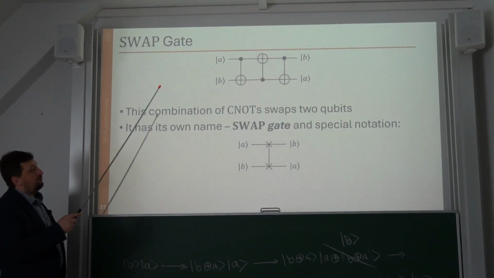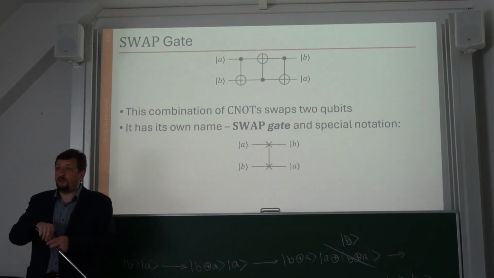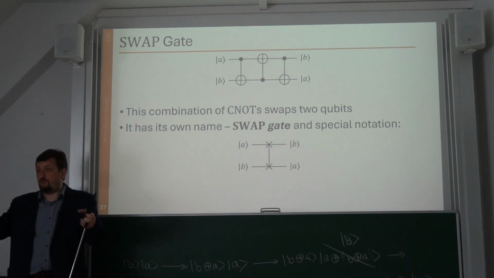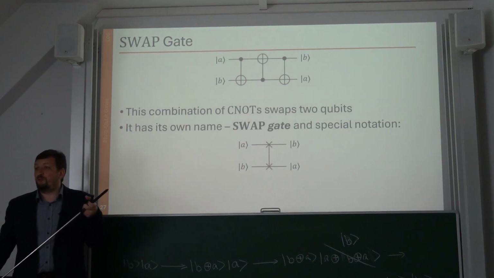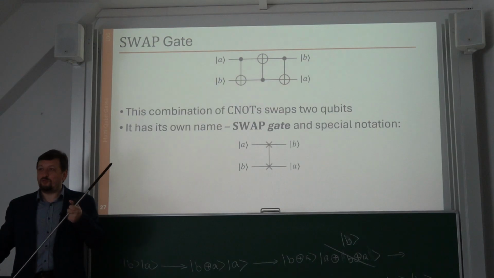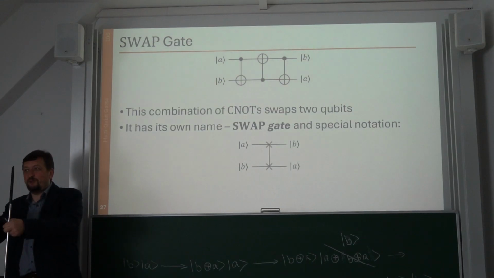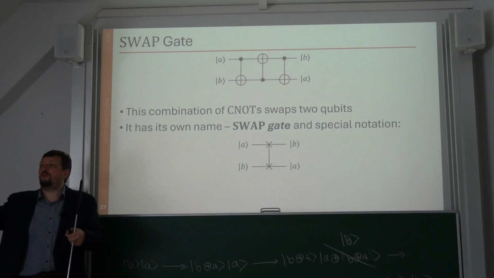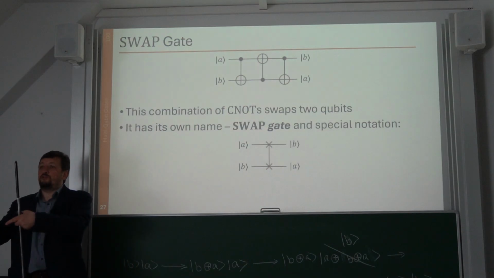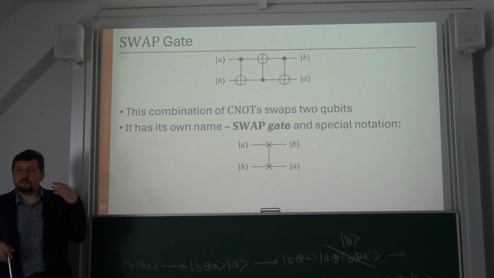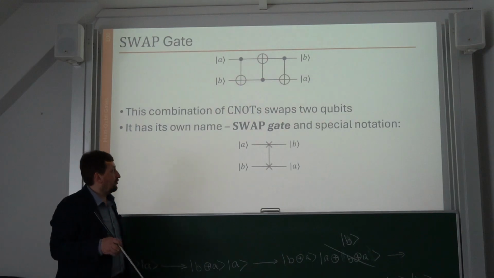Of course, such a possibility of switching qubits is useful, especially when we consider real quantum computers with exact topology, when each qubit has its physical place. The possibility to switch nearby qubits is necessary for quantum programs to run.